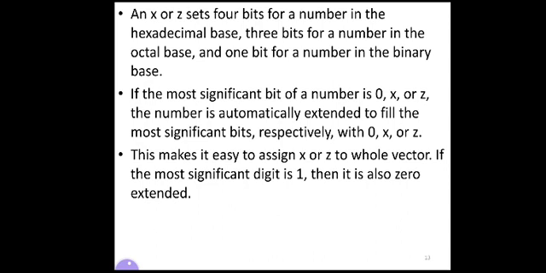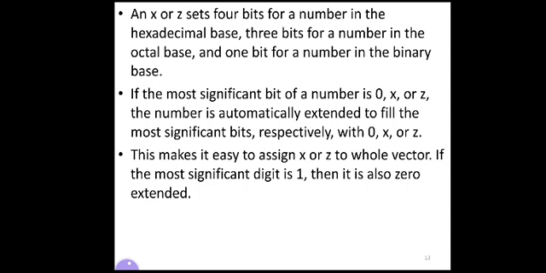That's why when you are using these base formats and an X value, that is unknown, or a Z value, that is high impedance, then as per the base format they are going to take 4 bits for hexadecimal, 3 bits for octal and 1 bit for binary.